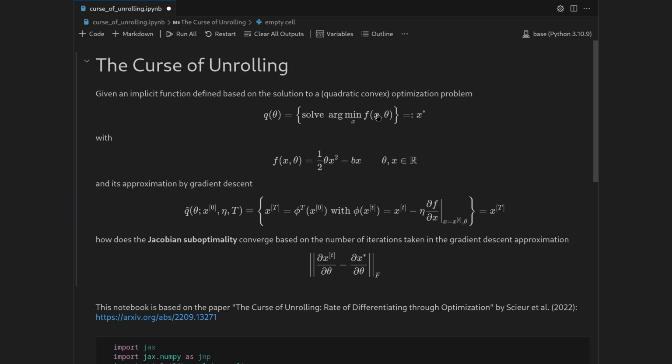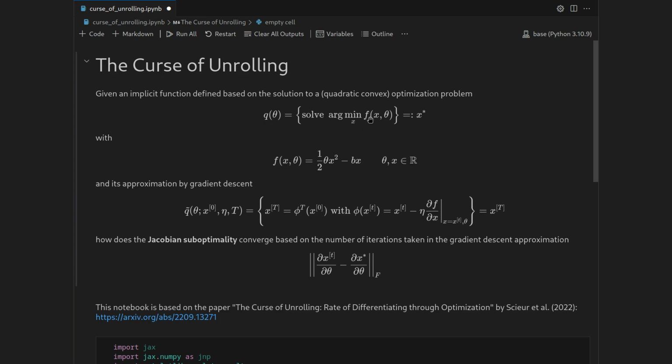And then basically when we solve this optimization problem, we have an implicit mapping between the theta value and the arg min optimizer of that problem. And this is essentially the routine or the part in your computer program that you want to differentiate. So you have some sort of a subtask mapping theta to x by solving the optimization problem.